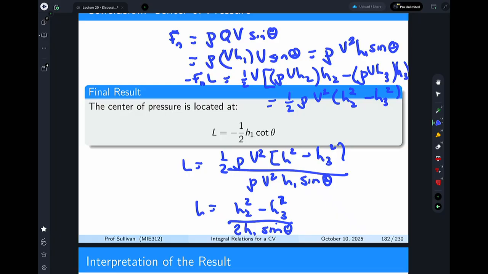The reason I'm leaving it in that form is you can use a number of geometric relationships and extract out the one that I have at the very top or in the middle of 1/2 h1 cotangent of theta.